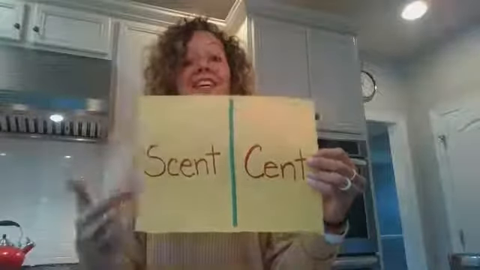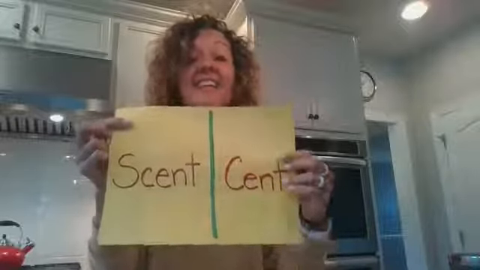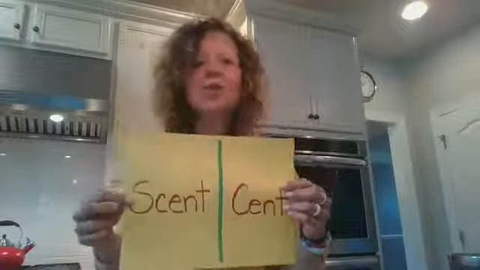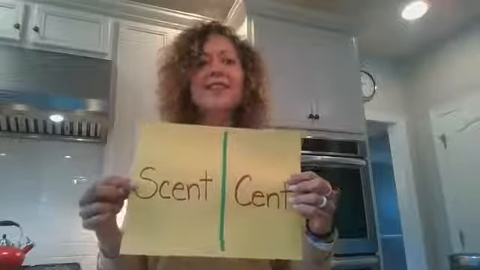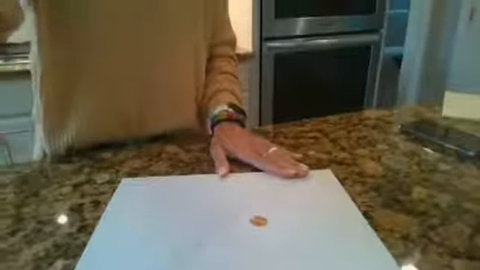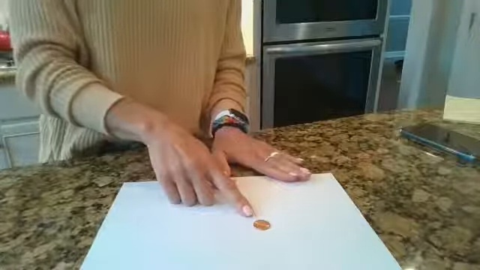It's the word cent here, C-E-N-T. The scent that you smell is S-C-E-N-T. Those are two words that are spelled differently, but they sound the same. So, do you get it? When I ask the question, do you smell anything? There's a scent. That's the answer.